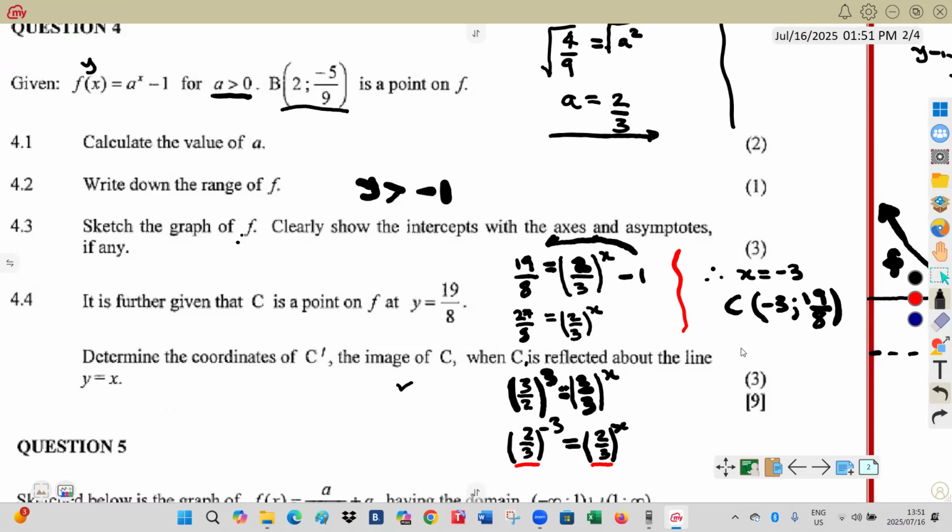So the coordinates of our C prime are going to be 19 over 8 and negative 3.